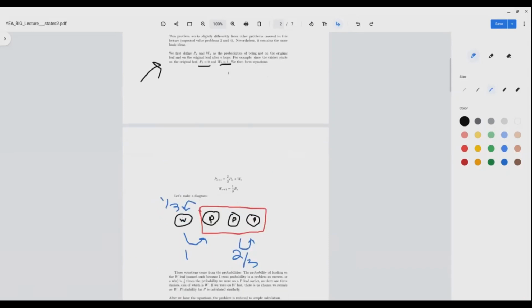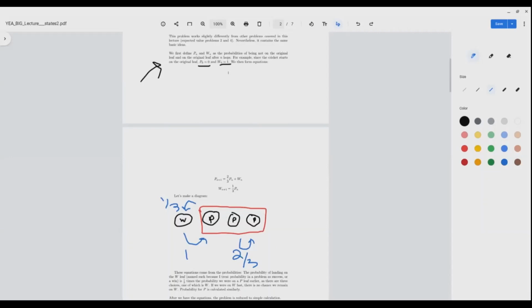So here are our 4 paths. We have W, P, P, P. W is the original leaf. And when you're on W, the next hop has to go to one of the 3 P's. We can group these into one kind of box. So all three of these P's are symmetrical because they're the same case.